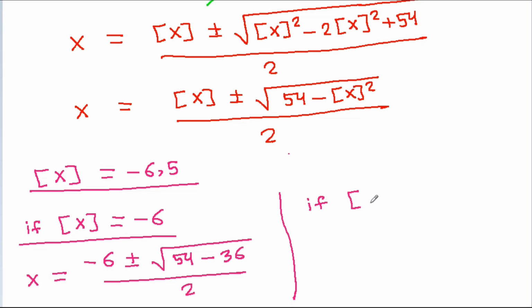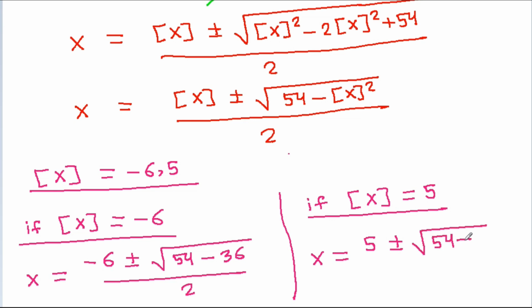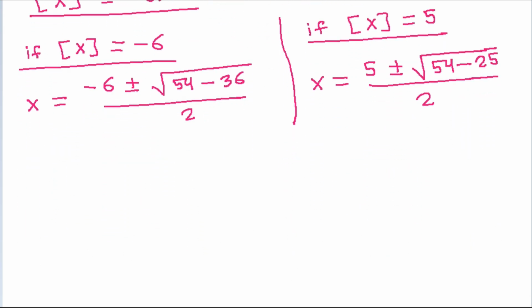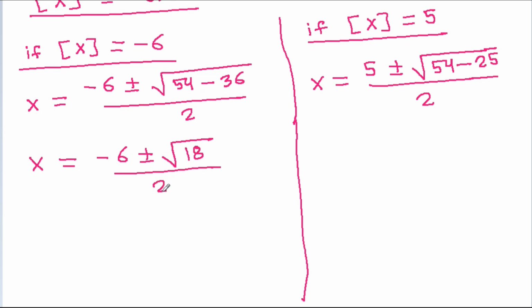And if [x] is 5, then x will be equal to 5 plus or minus square root of 54 minus 5², which is 25, by 2. Here we get x equal to minus 6 plus or minus square root of 18, by 2.